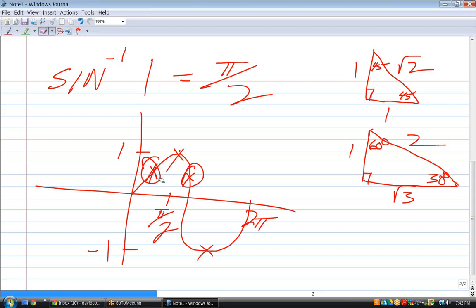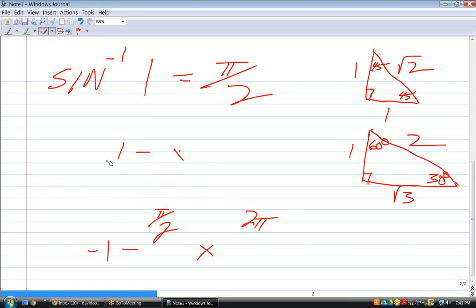But when you're dealing with the quadrantals, which is multiples of 90, then you only have one value. Whether it's principal or not. In other words, that's the only answer for that, assuming you're within the unit circle.